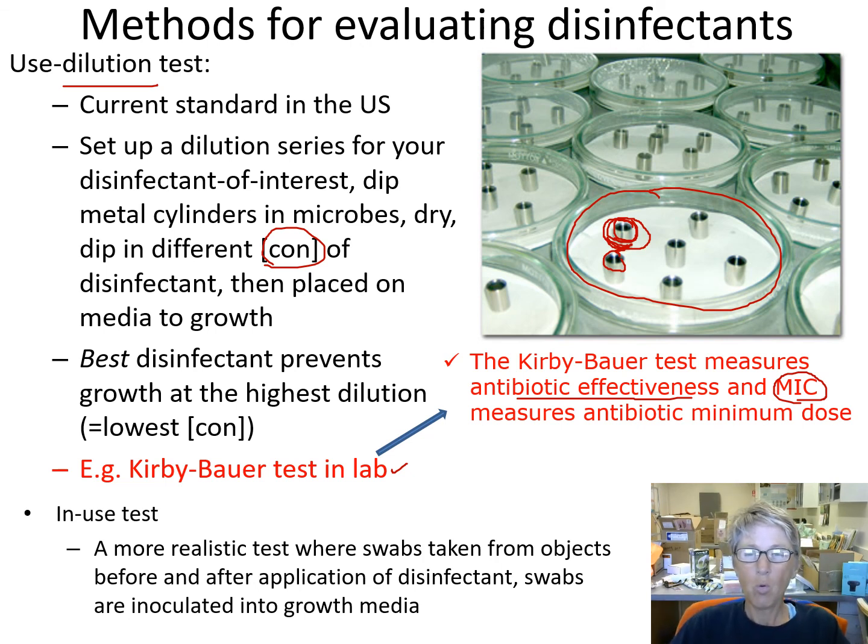From a monetary standpoint, if you're trying to sell this en masse, you want to use the minimum concentration of your disinfectant that will kill the most microbes. You could use a really super high concentration of disinfectant, but it would cost a lot of money. But what if a lower concentration kills the exact same number of microbes? Then you want to use the lower concentration of the drug.